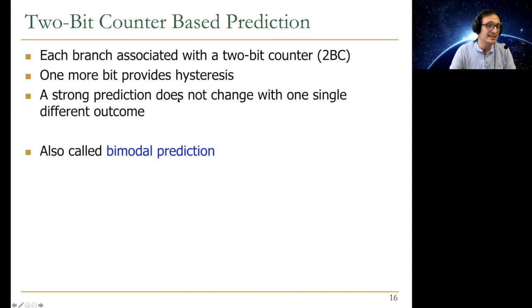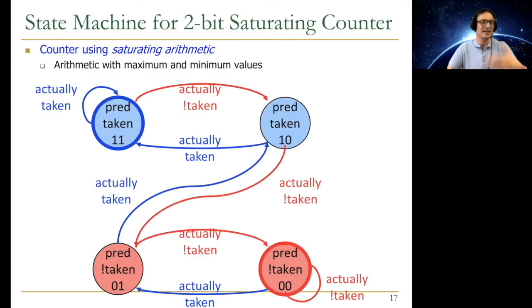And the key idea is a strong prediction does not change with 1 single different outcome. You wait for changing your belief. Basically, you wait for some evidence before you change your belief or thinking, essentially. If you think about humans, that's how we may behave also. If you have strong evidence for something, we don't want to change that.